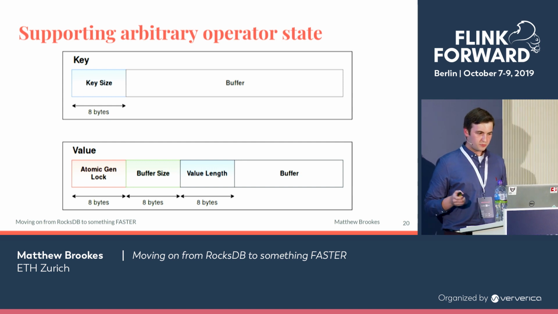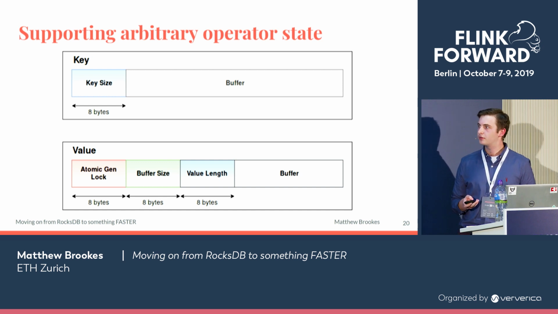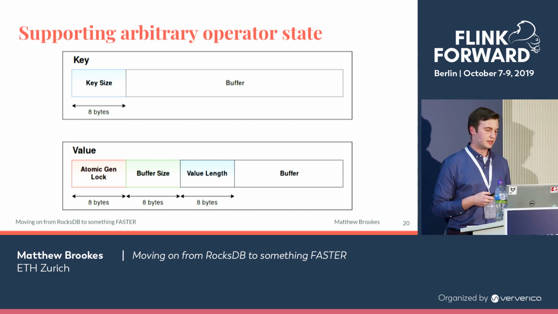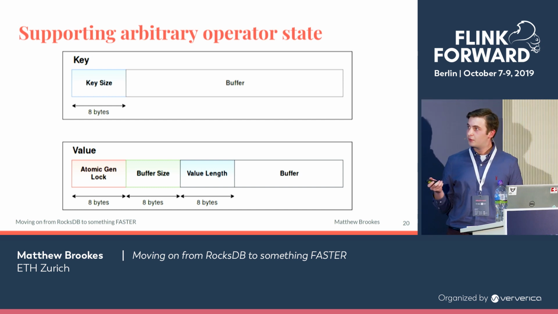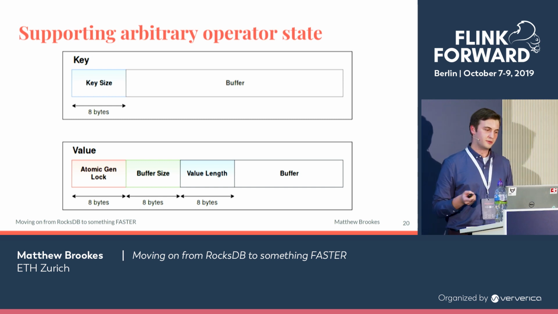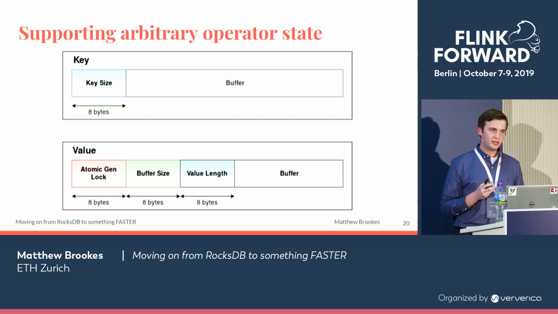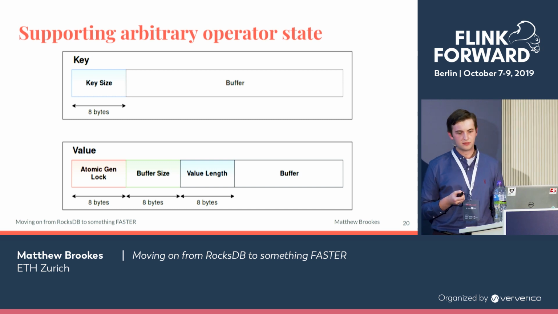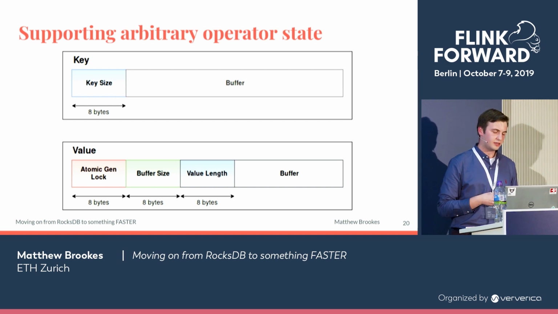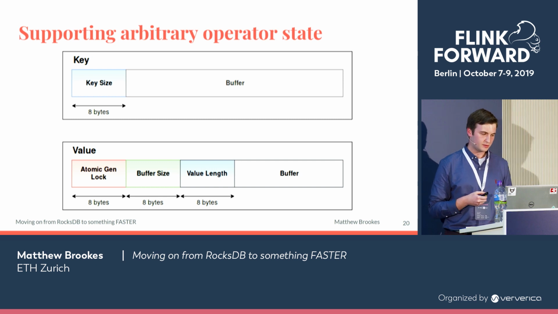So if we want to make a generic key value type, then there's some things we need besides just the actual buffer that we're using to store the key or store the value. Clearly, we need the size of the buffer. We use the size then to make sure that we're reading out the correct amount from the buffer. But for our value, we need a couple of extra pieces of information which have kind of an impact on the size of the value class entirely and its scalability.